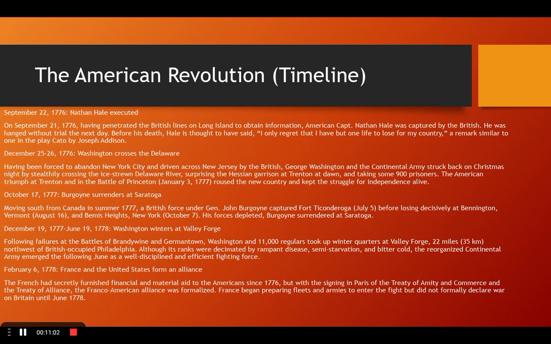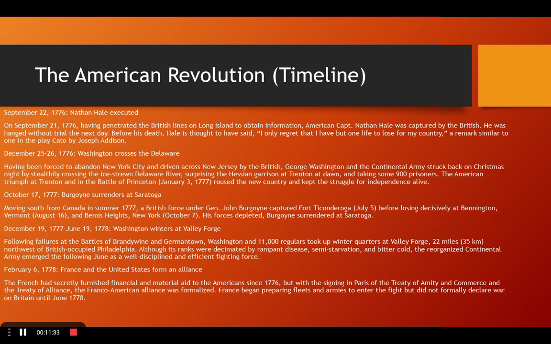December 19, 1777 to June 19, 1778, Washington winters at Valley Forge. Following failures at the Battles of Brandywine and Germantown, Washington and 11,000 regulars took up winter quarters at Valley Forge, 22 miles, that is 35 kilometers, northwest of British-occupied Philadelphia.